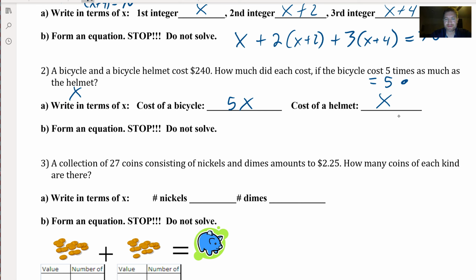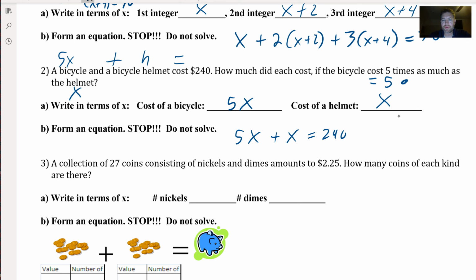Once you have this, it really is just going back and plugging in like we did before. So it says the bicycle, that was 5x, and the helmet, that was x. So these two have to add up to 240. So your equation becomes 5x plus x equals 240. So once you define these, the rest becomes nice and quick and clean.